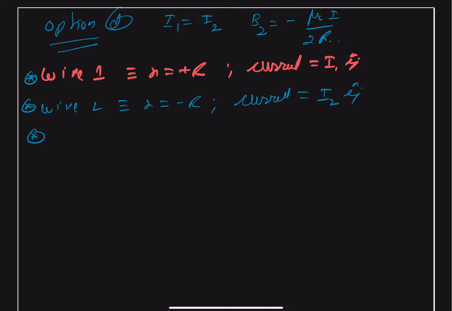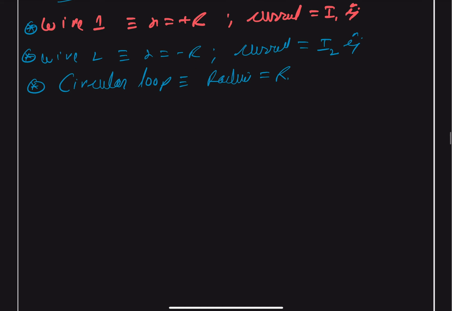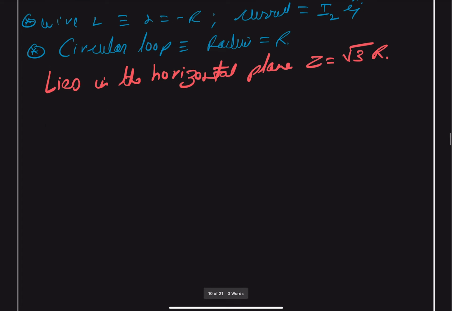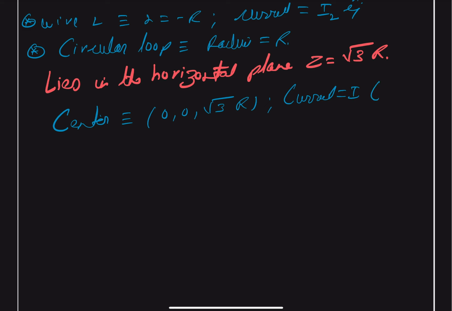And we have a circular loop, and for the circular loop the radius is our capital R, and it lies in the horizontal plane, which is given that z is equal to square root of 3 times r, and the center of this loop is given as 0, 0, square root of 3 r, and current I is given as clockwise.